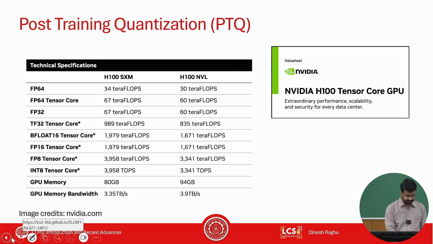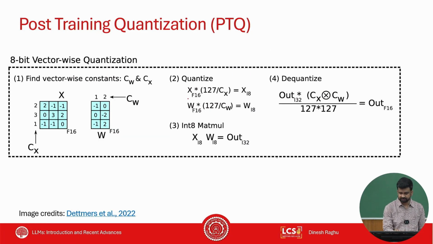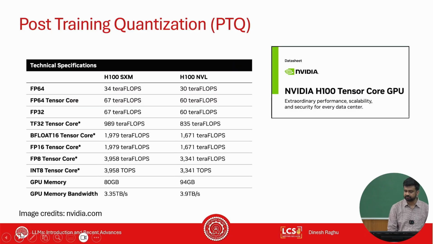So why is this really helpful? Like I said, here we saw that we are converting from FP16 to int 8, right? This is a data sheet of the H100 GPUs. If you see for FP16, for NVL or SXM you end up getting 1979 teraflops, but on int 8 you end up getting a lot more tensor operations, right?